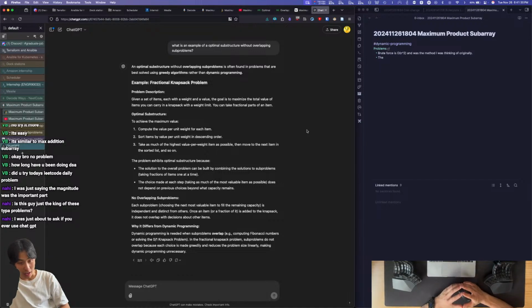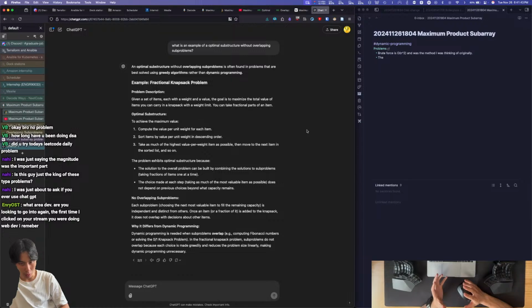Fractional knapsack problem: given a set of items, each with a weight and a value, the goal is to maximize the total value of items you can carry in a knapsack with a weight limit. You can take fractional parts of an item.